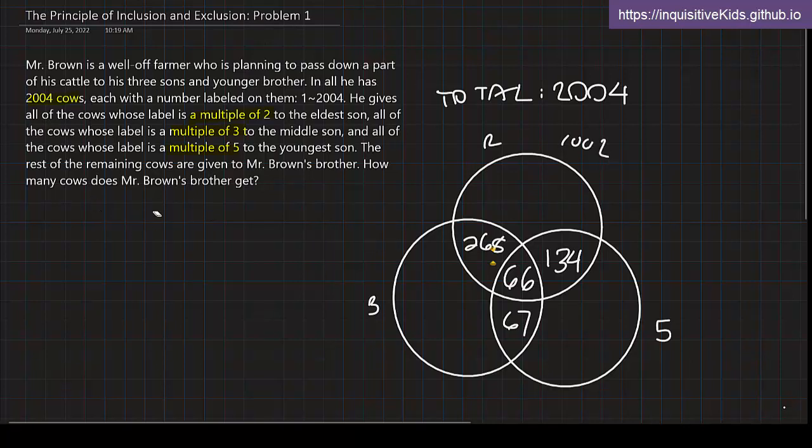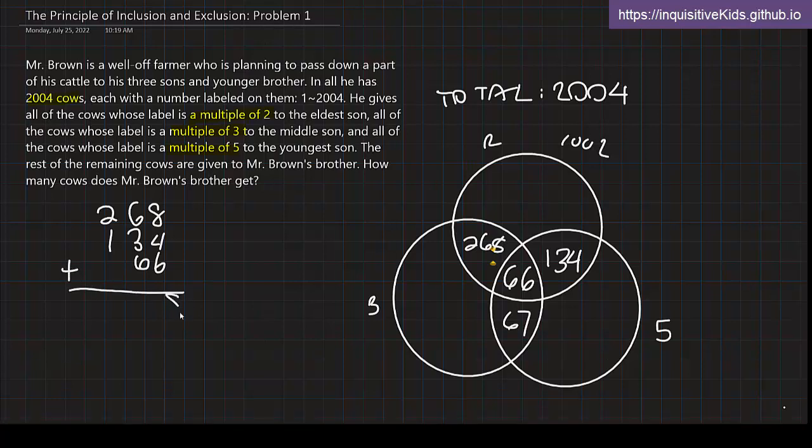But we have to subtract these overlapping parts from it. So first, what is 268 plus 134 plus 66? As you can see, this is all parts of this circle. We add them. Over here we get 8, carry, this is 16, carry, and then this is 4. 468 is this part right here.